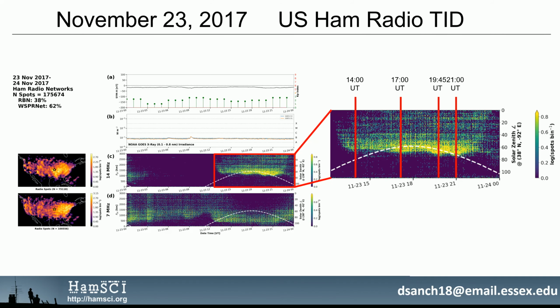We also found other days we suspected had active TIDs. This next comparison is of November 23rd, 2017 in North America.